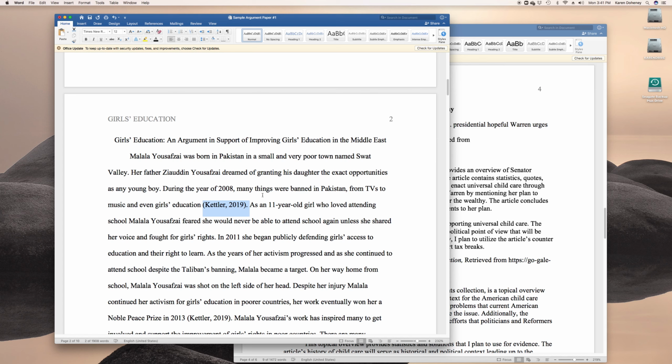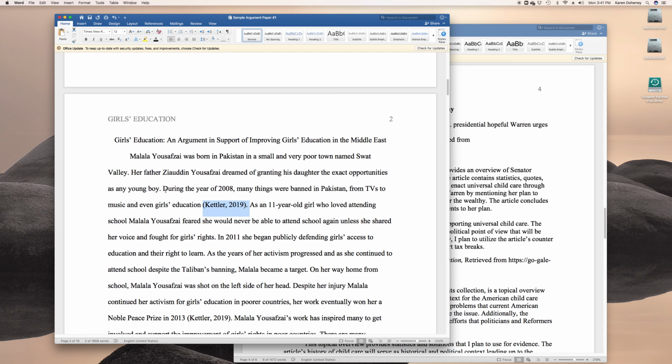So APA format really does like a parenthetical citation. So since I'm kind of going over it in this paper, I'm going to go ahead and let you guys use parenthetical citations as long as you use them correctly. Remember, if you have a parenthetical citation, it goes at the end of the sentence. So see where the period is.